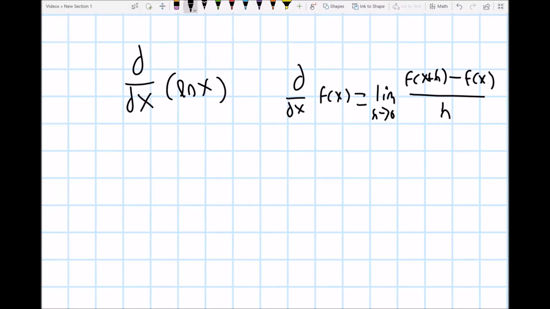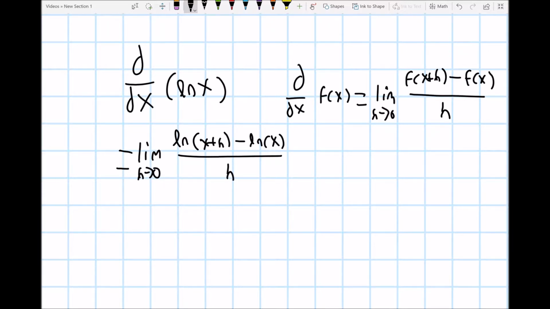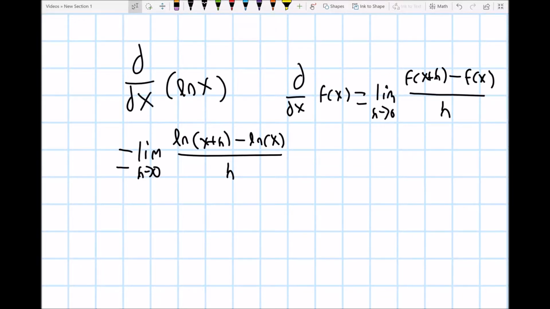Okay, so if you apply this to ln x, we can say it's the limit as h approaches 0 of ln of x plus h minus ln of x, all divided by h. The first thing you'll notice is that there's a very clear logarithmic property sticking out here.